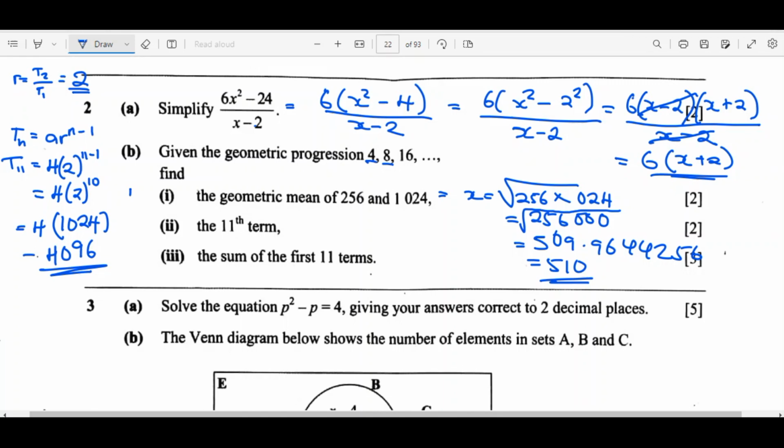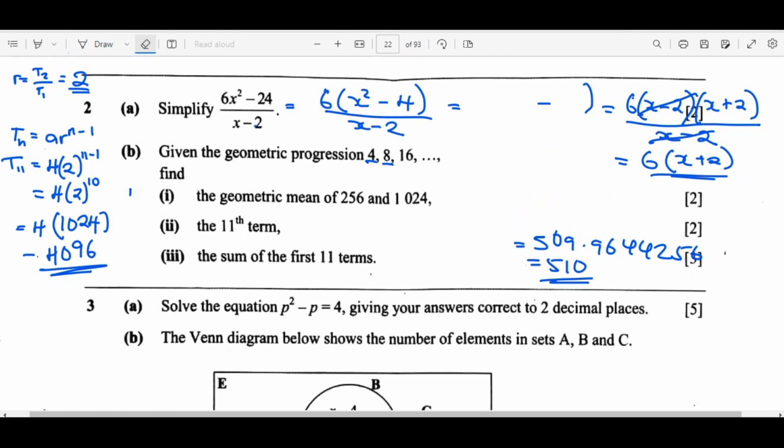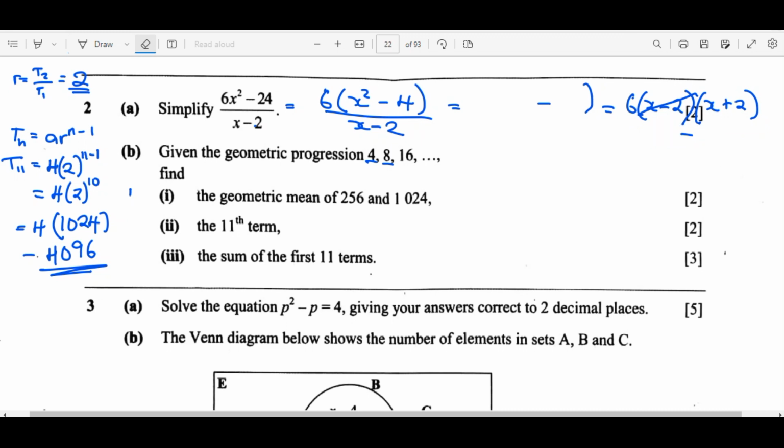So let us go to the third one, which is the sum. So the sum of the first 11. So the sum is to add. So we cannot add because we don't have the numbers to add, but still we can find the sum.